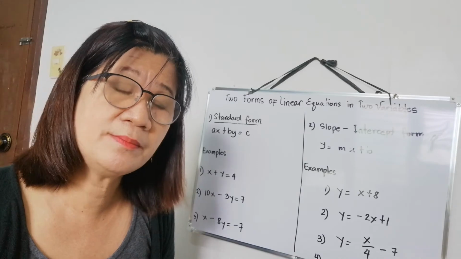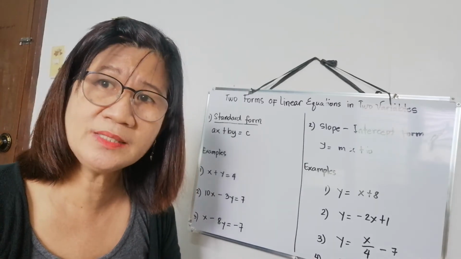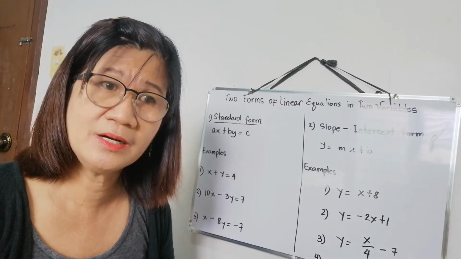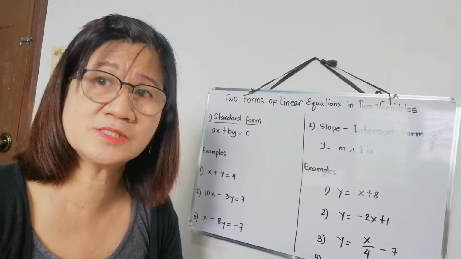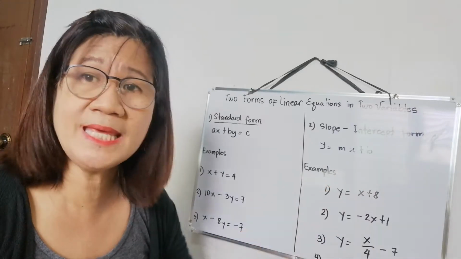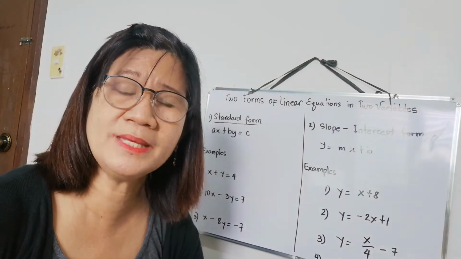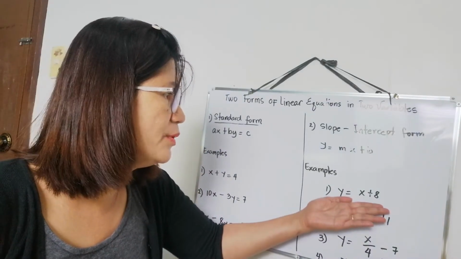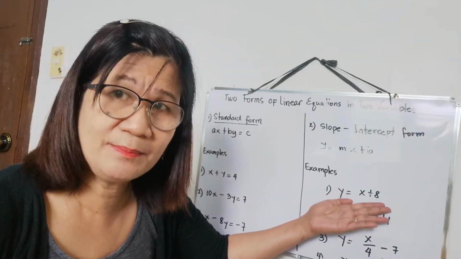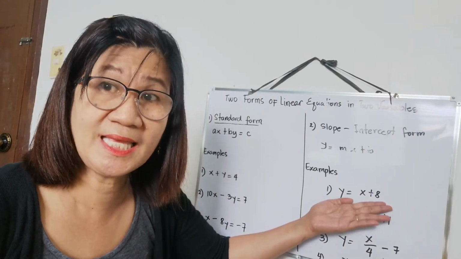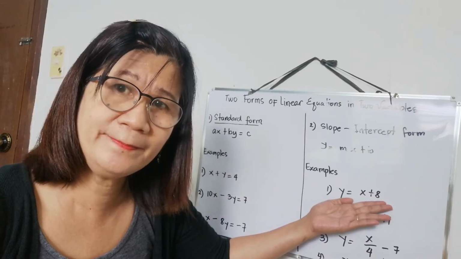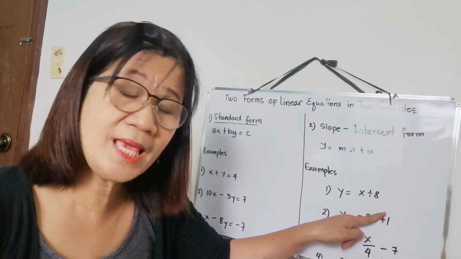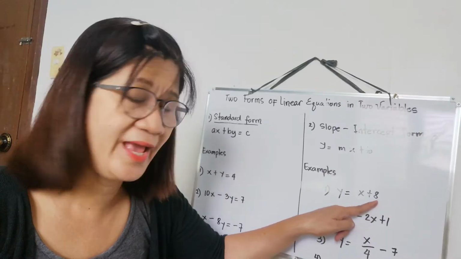Ma'am, ano po ba ang ibig sabihin ng m? It is the slope, no? Tandaan natin in algebra, in mathematics, the value of m stands for slope. And small b, letter b, that stands for y-intercept. So, dito sa number 1, y equals x plus 8, nakikita natin kaagad yung value ng m, that is understood 1, at yung value naman ng b is 8.